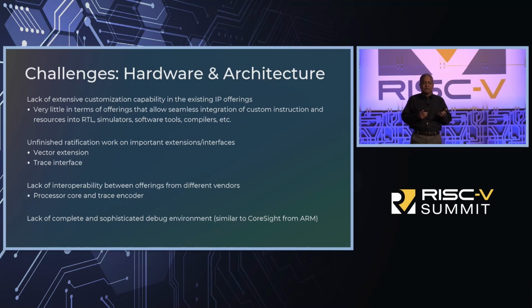The processor core and the trace encoder. So we would like to obviously see this area evolve better and then eventually meet our requirements. And essentially, a lack of a complete and sophisticated debug environment, something very similar to the CoreSight that ARM is offering today.